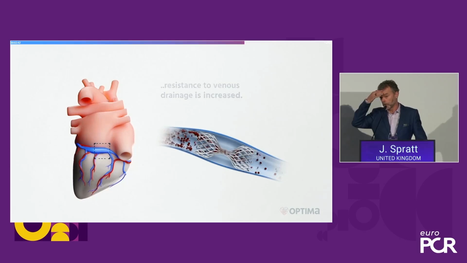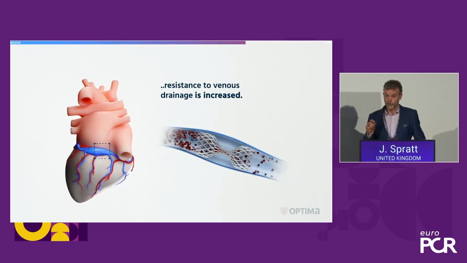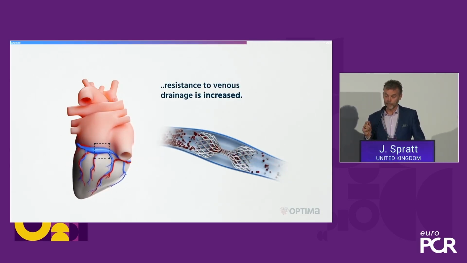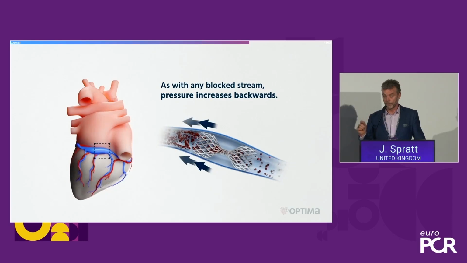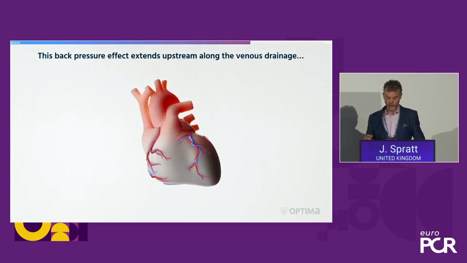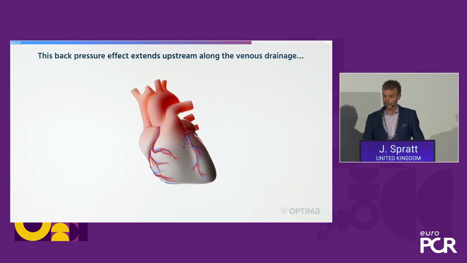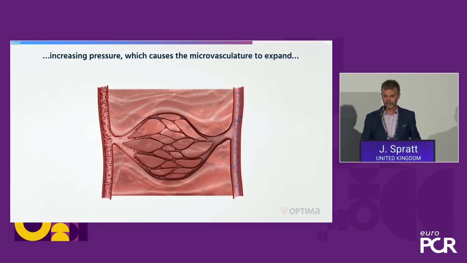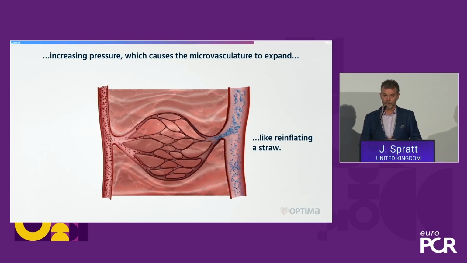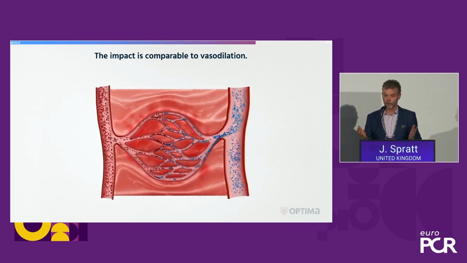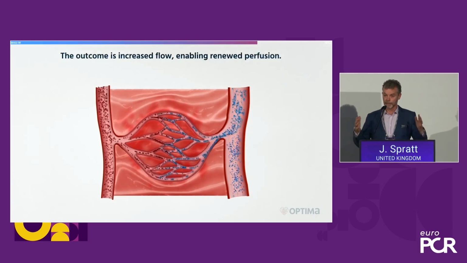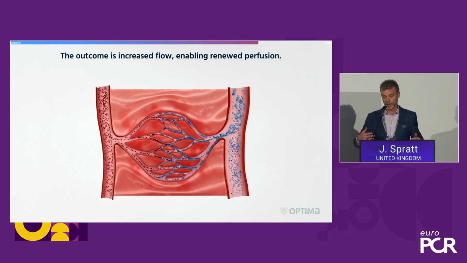So what the reducer does primarily, or what it should do if it's implanted well, is increase resistance to venous drainage. So in other words, there should be a pressure gradient across the reducer where it creates this back pressure effect. And the best way, I think, to conceptualize this is PEEP, or positive airway pressure, where you create a gradient that actually reinflates alveoli, and that then augments inspiration.